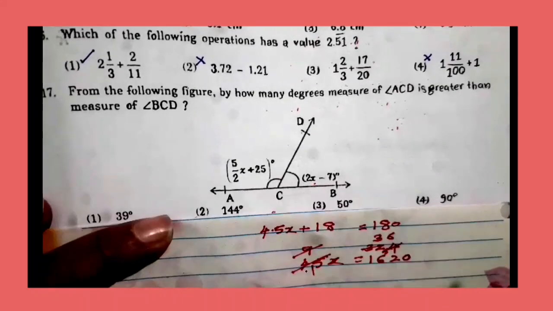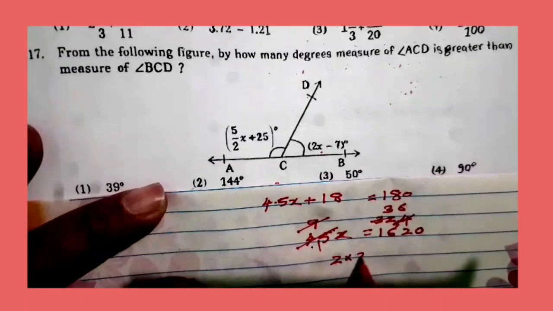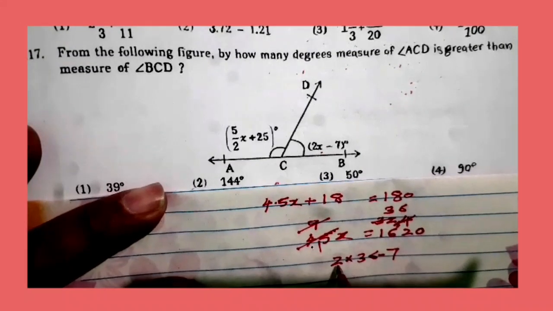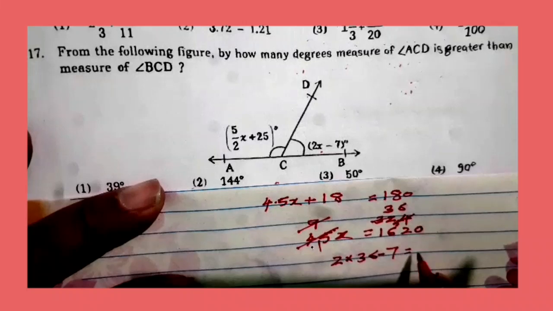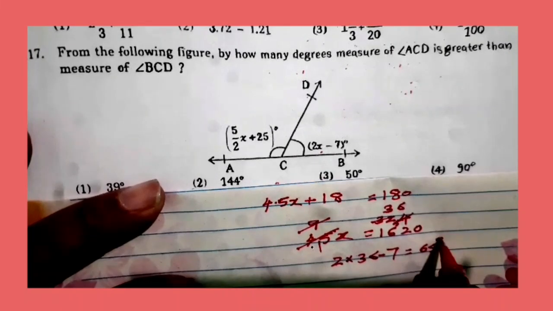Take this value in this equation. 2 into 36 minus 7. 2 times 36 is 72. Minus 7 is 65. This is 65.